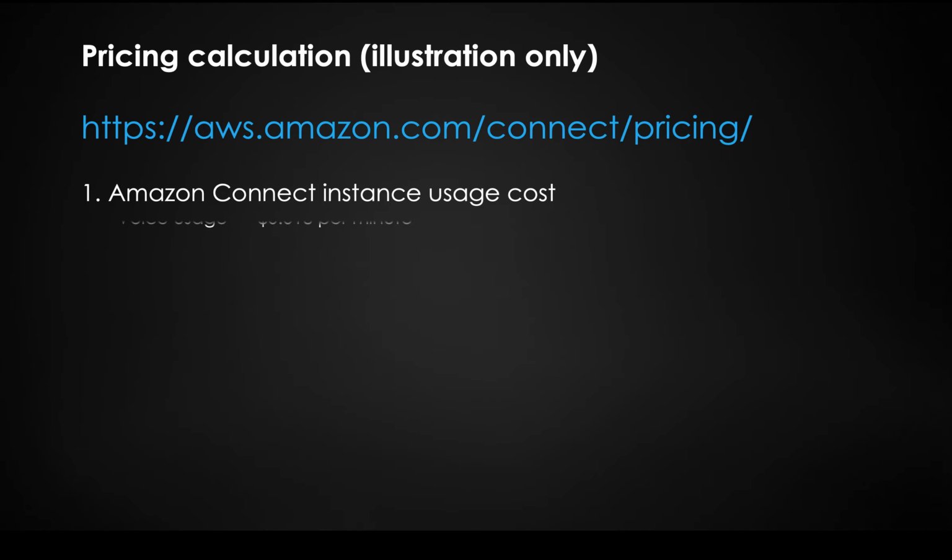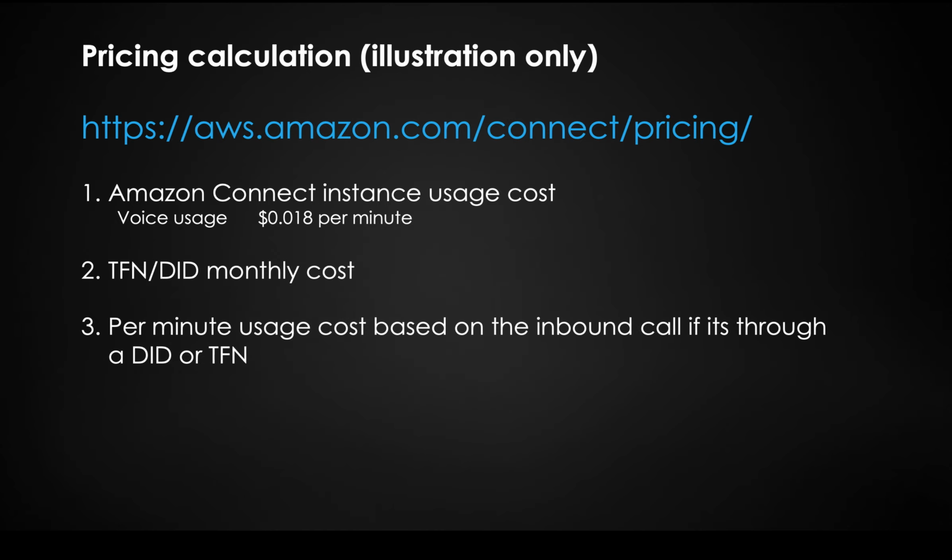For example, the Connect instance usage cost is 0.018 cents per minute, and it's in USD. It's pretty standard for any region in the world where you set up this instance. So this is USD throughout the world. And then there is a TFN and DID monthly price, and then there is a per minute usage price.